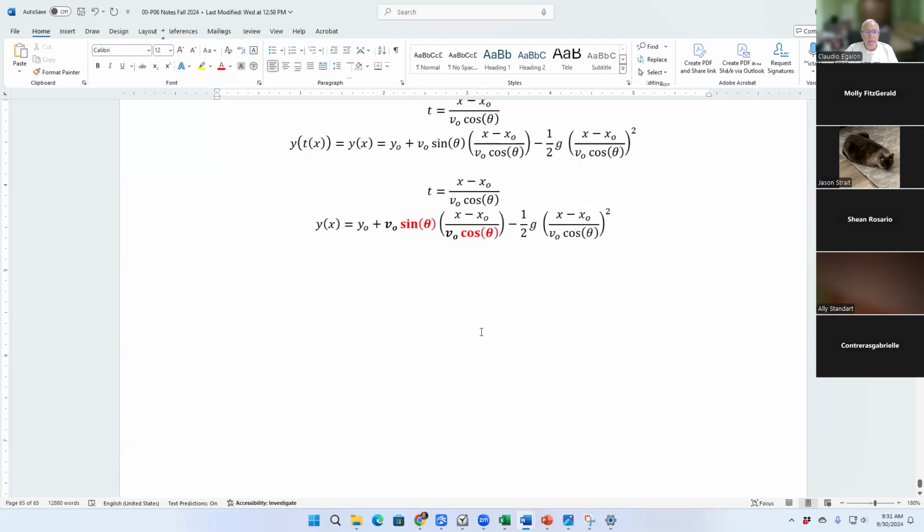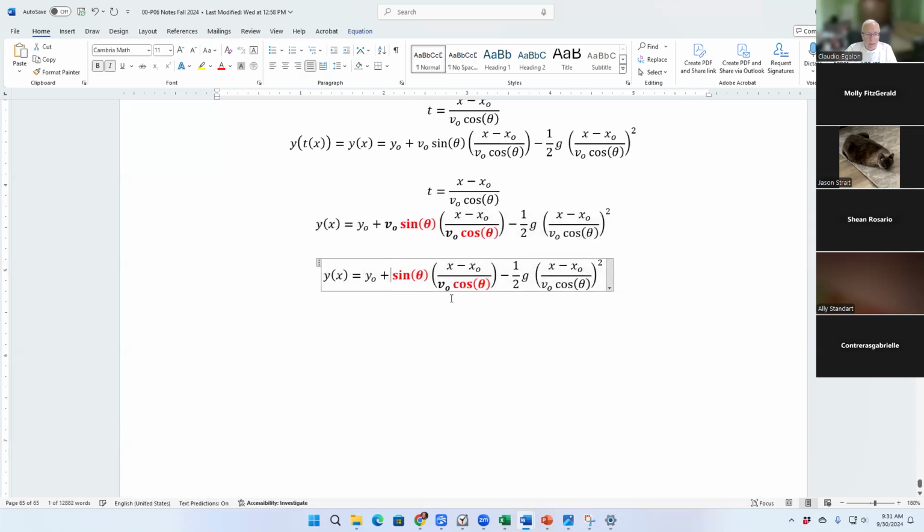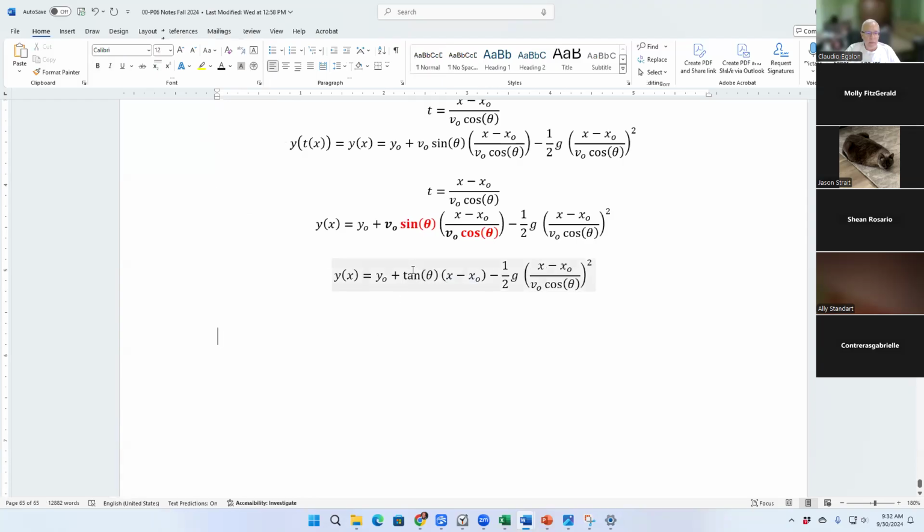Now we don't need this guy anymore. I already used it, so I don't need to combine. Here we go, v naught cancels out with v naught, and the sine of theta divided by cosine of theta becomes tangent of theta. I don't need to keep it in red anymore.